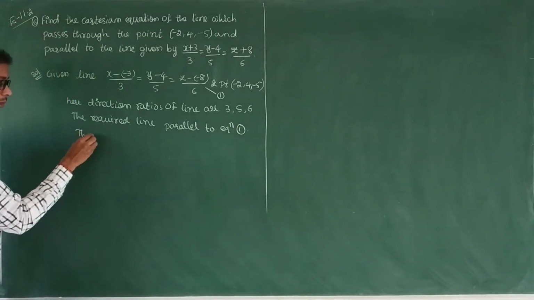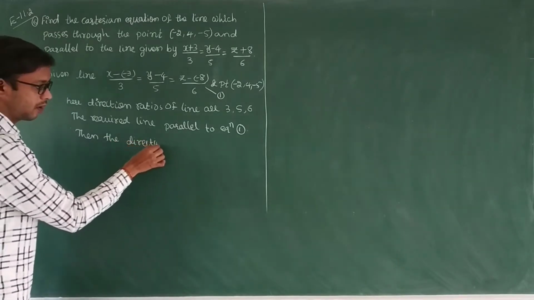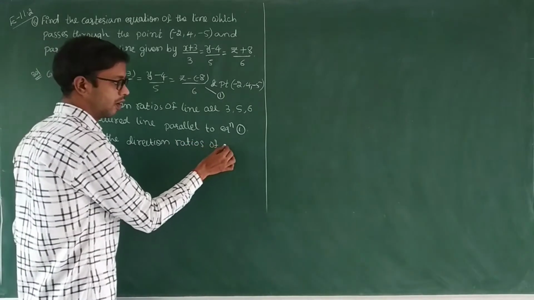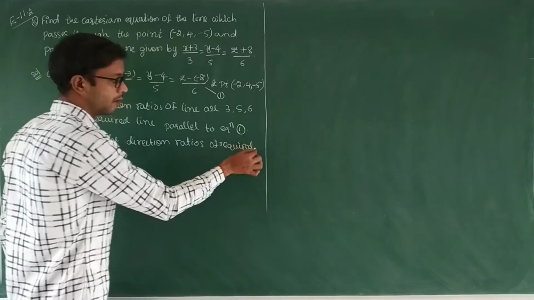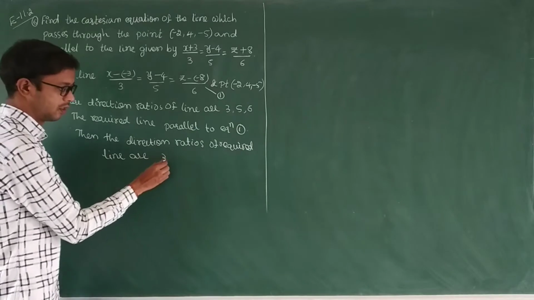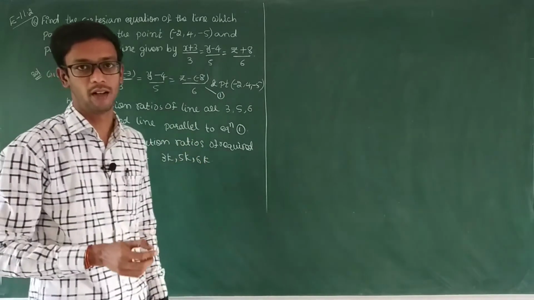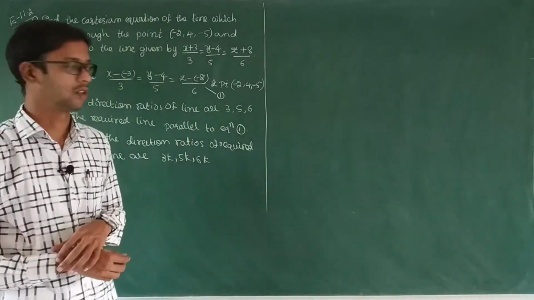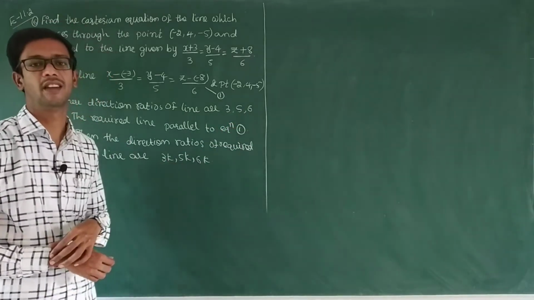Then the direction ratios of the required line are 3k, 5k, 6k, proportional. If 2 lines are parallel, their direction ratios are proportional. That's why 3k, 5k, 6k are taken. We don't know the k value, k is just a number.